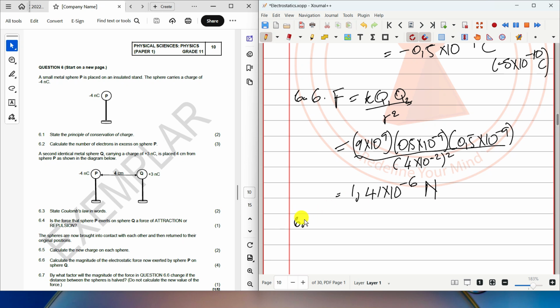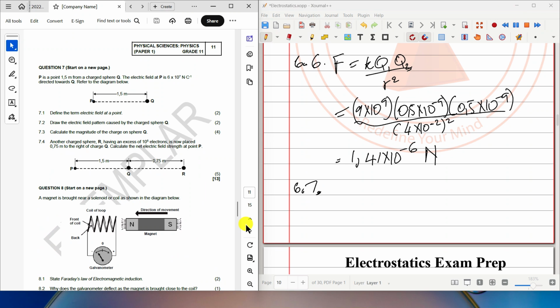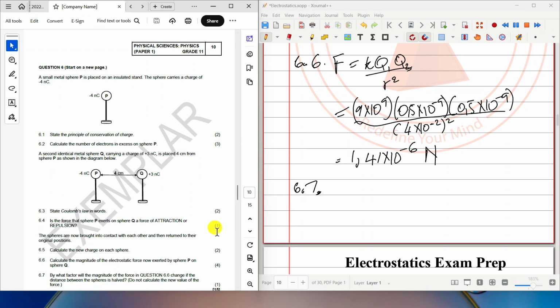Now 6.7. Let's see what it says. By what factor will the magnitude of the force in question 6.6 change if the distance is halved? So r2 is half of r1. If you recall, guys, you have said F is proportional to 1 over r squared.